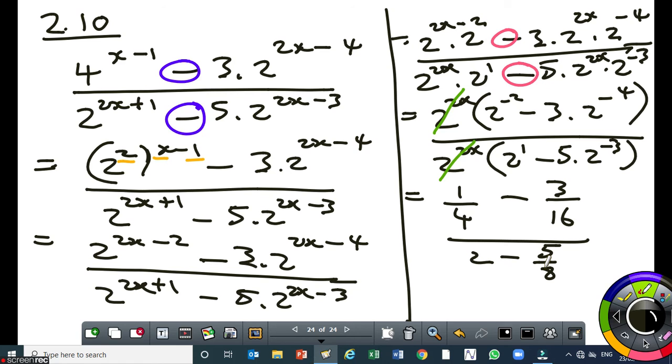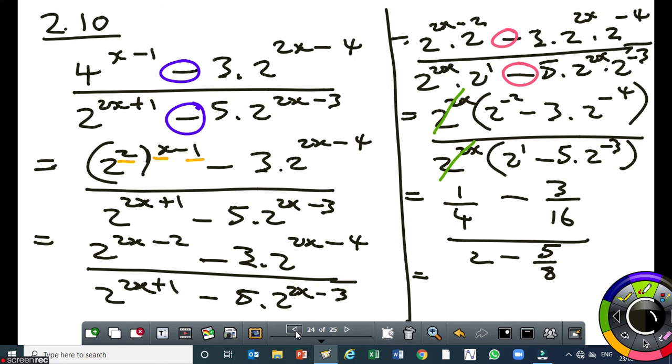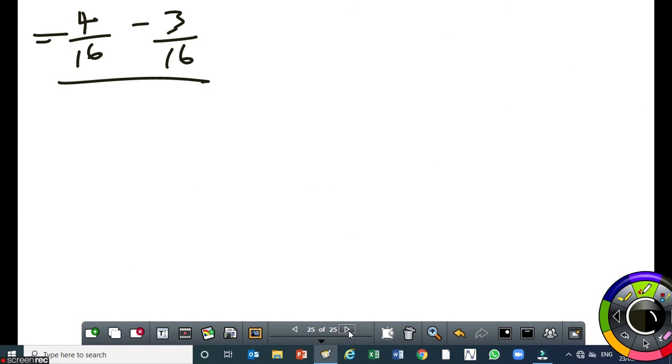The 1 over 4 becomes 4 over 16 minus 3 over 16, all over the denominator 2 minus 5 over 8. This 2, if I find the LCD, is going to become 16 over 8. 16 minus 5 will give me 11, so I'll get here 11 over 8.